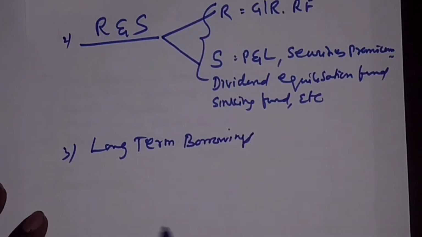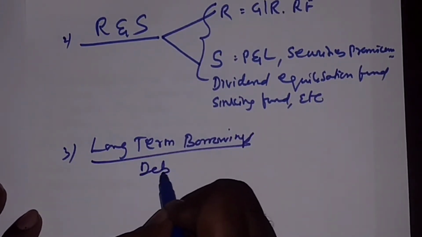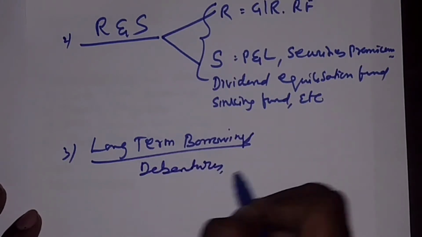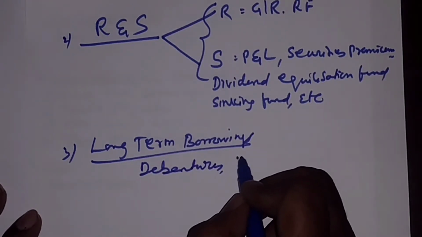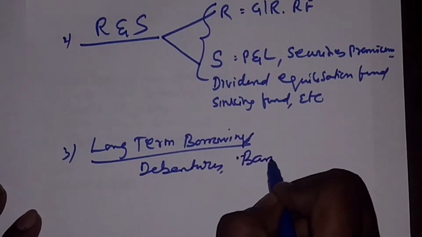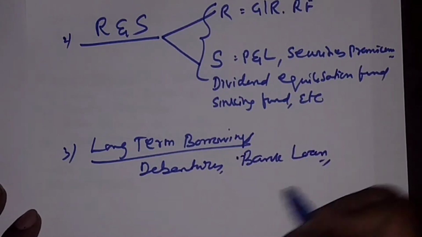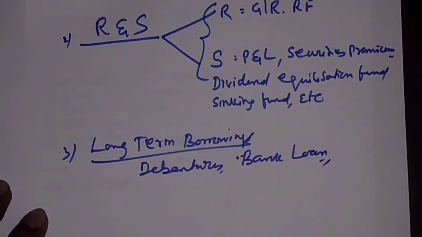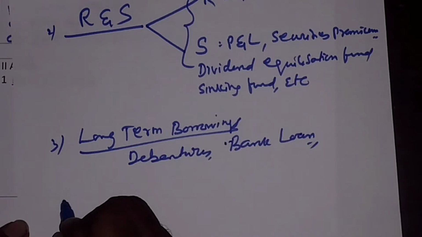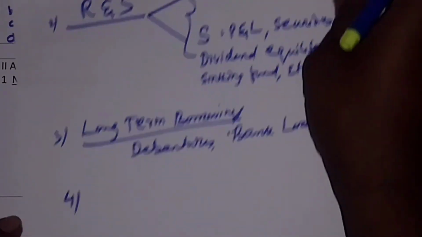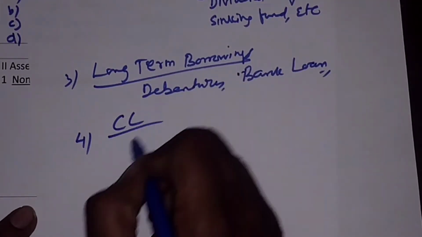After that, long-term borrowings. This includes debentures and any bank loan for a long period of time. It includes the mortgage loan also. After long-term borrowings, next is short-term borrowings under current liabilities.